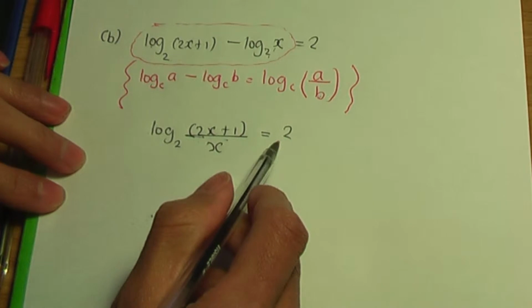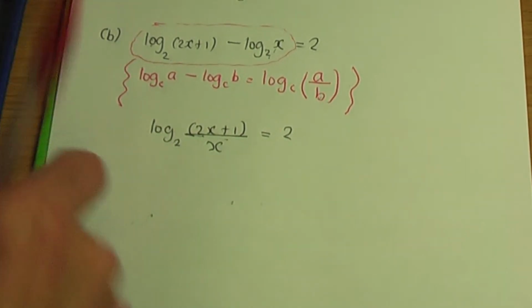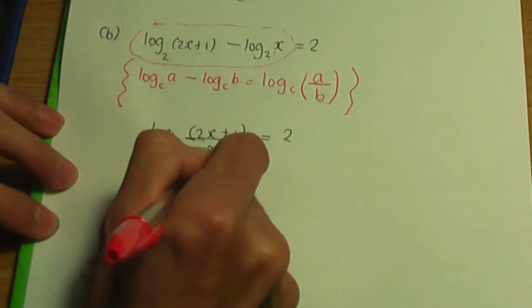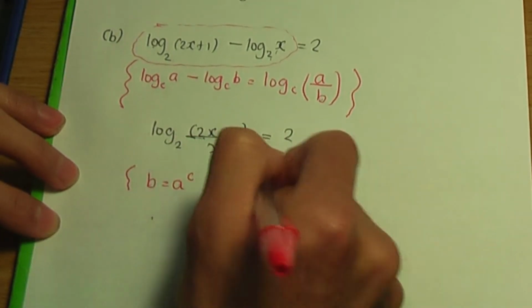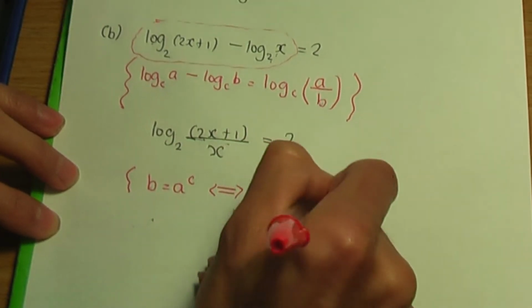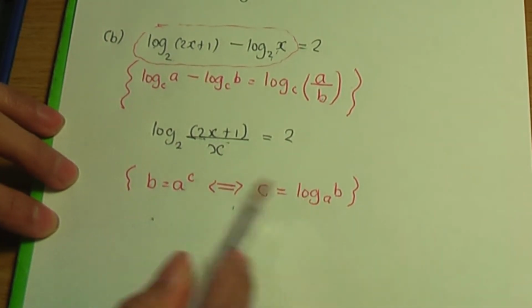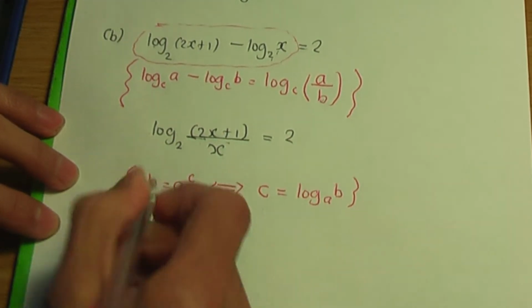Now from here on, there is another rule that we can use. If b is equal to a to the power c, I could write that as c is equal to log of b to the base of a. So this is a relationship that switches an equation which is in index form.